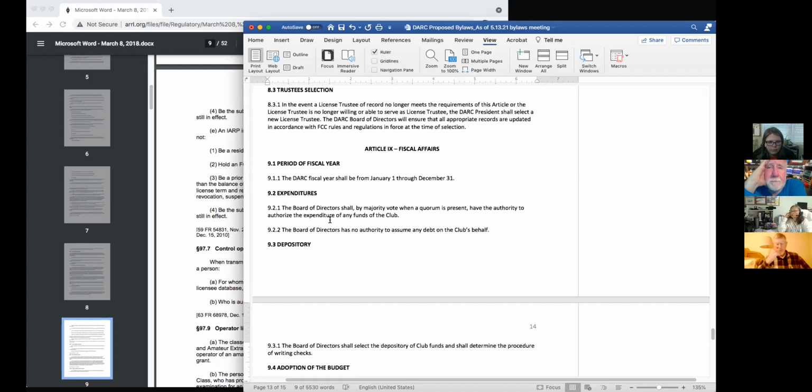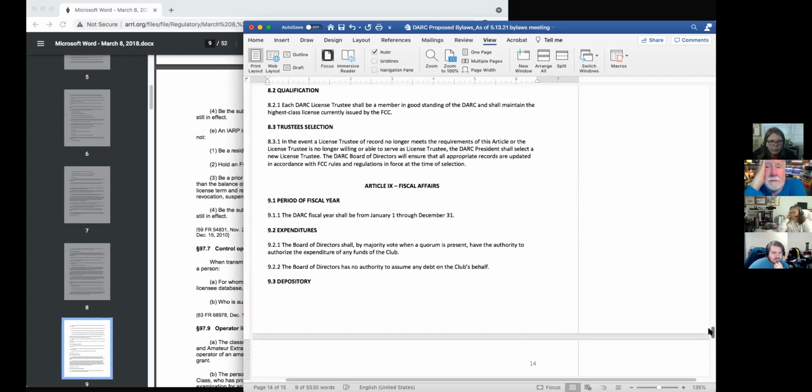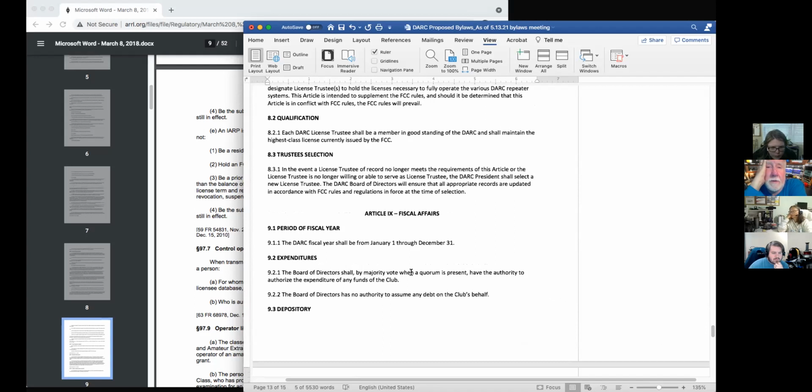Well, yeah, because 9.2.1 is pretty broad. We could all get together and say, let's spend all the money. No, I see what you're saying. I think maybe on that one, maybe authorize the expenditure of the funds.